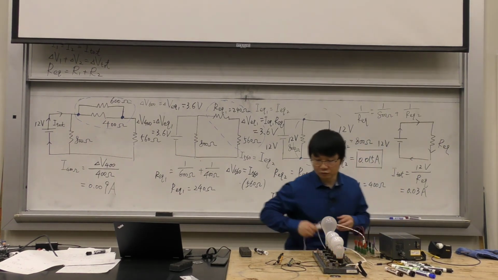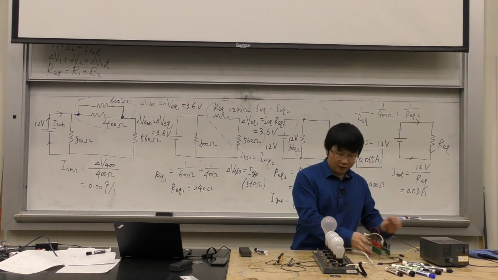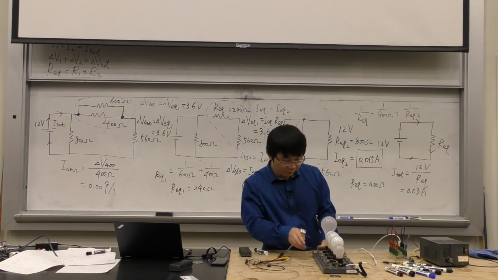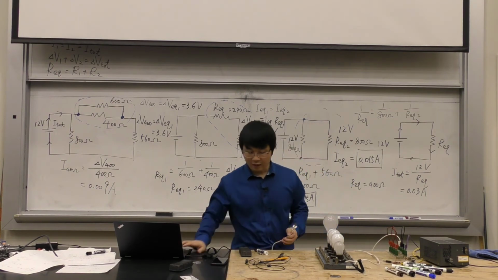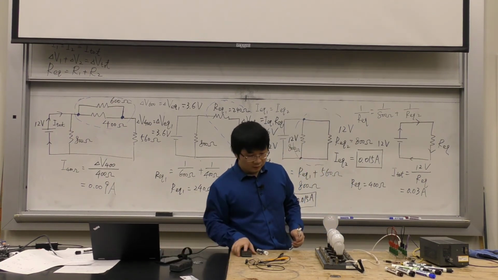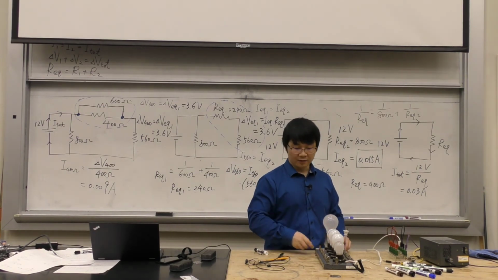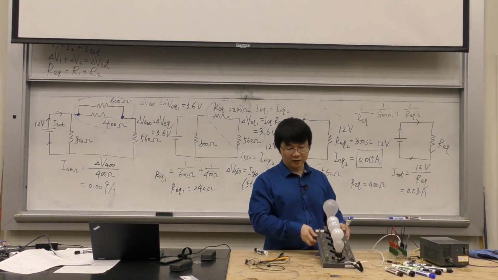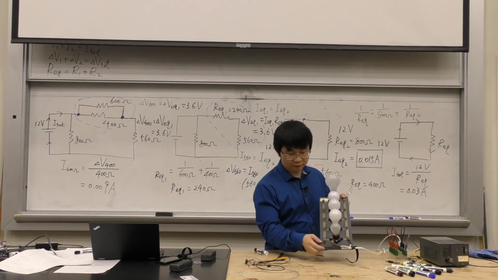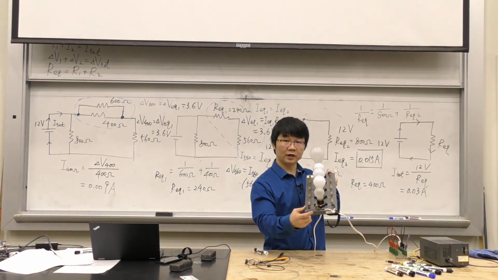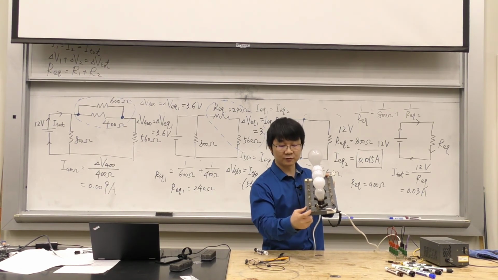I have a few light bulbs here, five of them, and they are connected in parallel. This combination is connected in series with this very, very thin fuse, this very, very thin metal. Maybe you can see that because this is very thin.